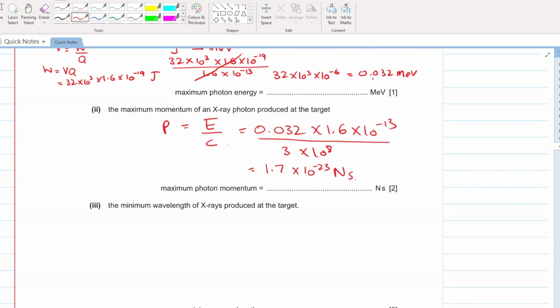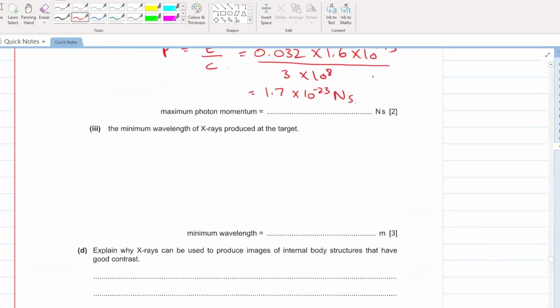You have to calculate the minimum wavelength of X-rays produced at the target. Do you have the energy? And do you remember this formula? Energy is equal to hc over lambda. What is your energy? 0.032 into 1.6 into 10 raised to the power of minus 13, due to mega electron volt. What is h?